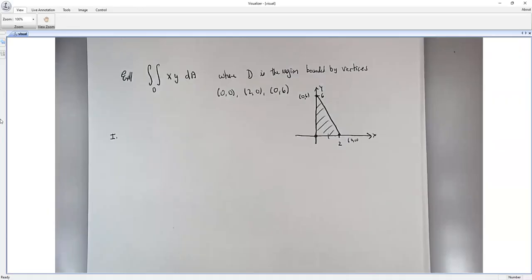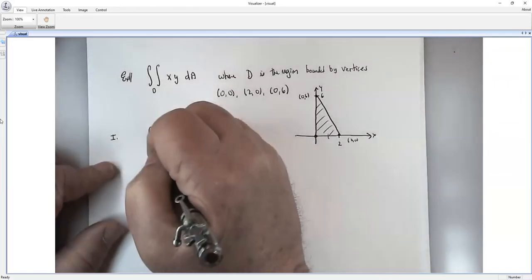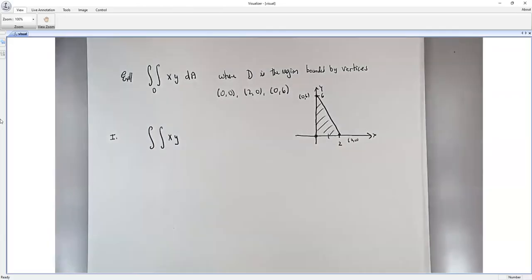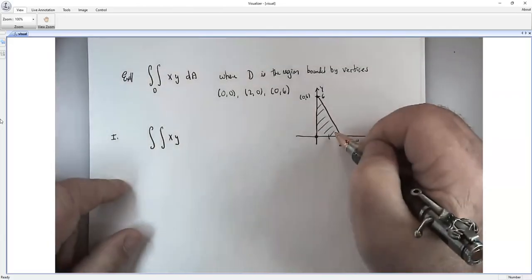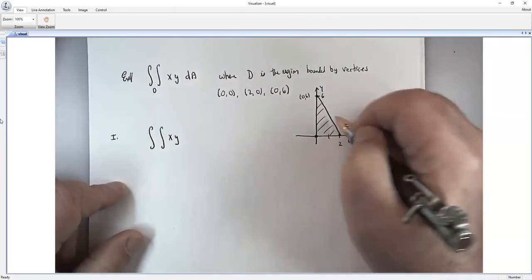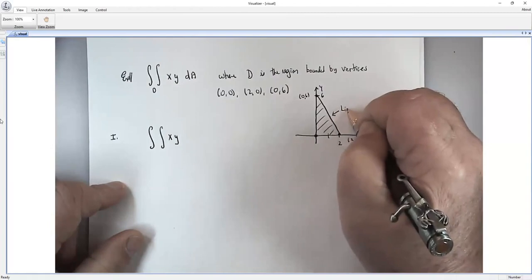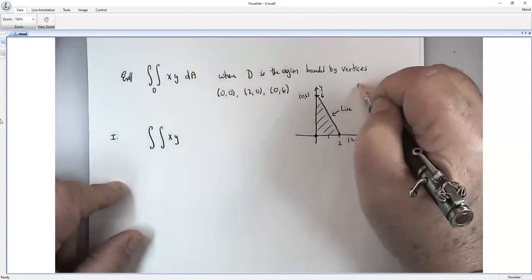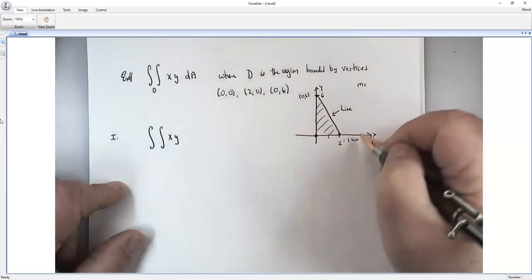Here's the deal. I didn't give you any functions at all. You're going to have to come up with your own. So if I'm going to integrate this integral of x, y, I have to decide which variable I integrate with respect to first. As I look at this, I see this is a line. I can come up with the equation of that line. What would that line be? Well, I need the slope, which is the change in y over the change in x.